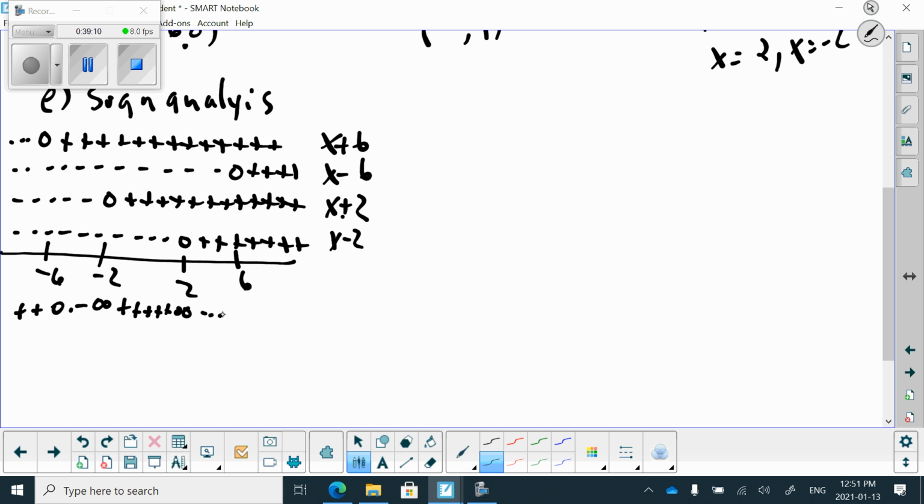And then at 6, and then positive. If it's 0, it's telling you it's crossing the x-axis. Yep. Okay. Let's graph this.